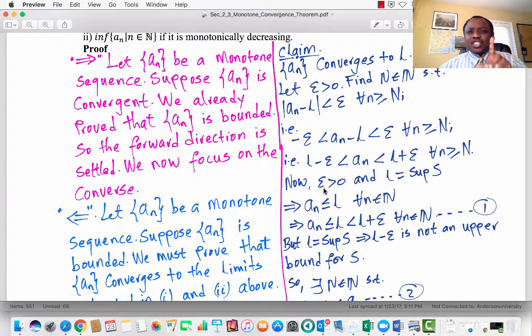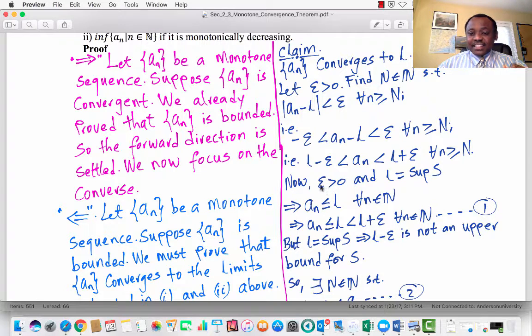Now let's put together some of the things we already have. We know that epsilon is positive, and we know that the supremum of S is L. Now the supremum of S equals L implies that an is less than or equal to L for every natural number n. That holds because L is the supremum. Supremums are upper bounds. So L is an upper bound.